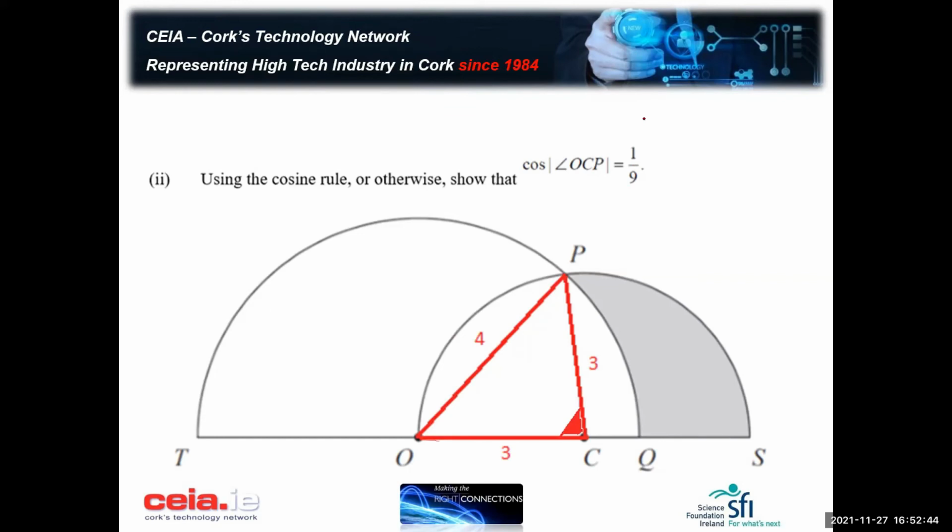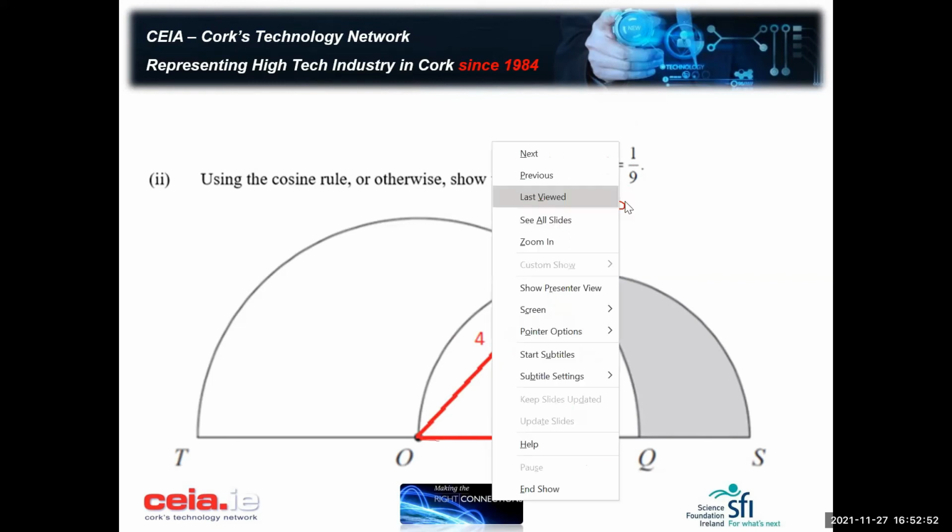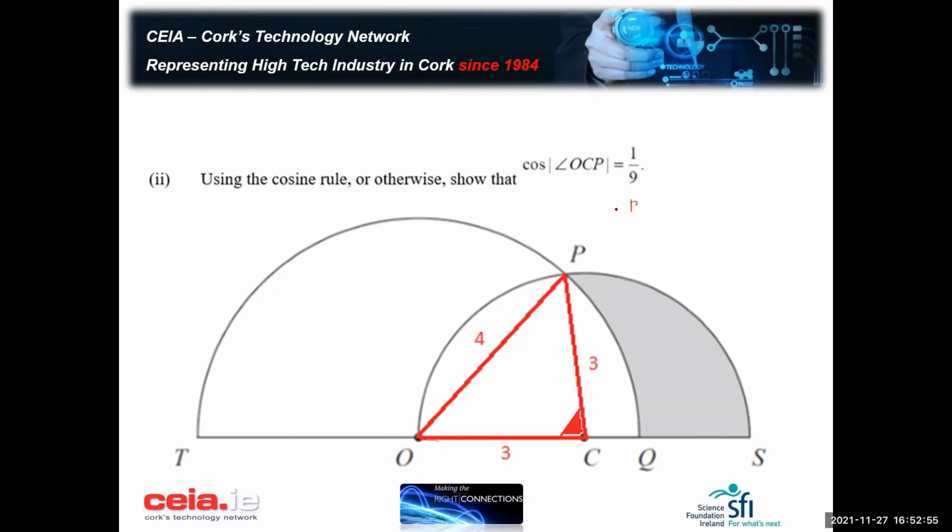So what is the cosine of that angle? To apply the cosine rule to this triangle, we can say that OP squared equals OC squared plus PC squared minus 2 times OC by PC by the cosine of OCP.